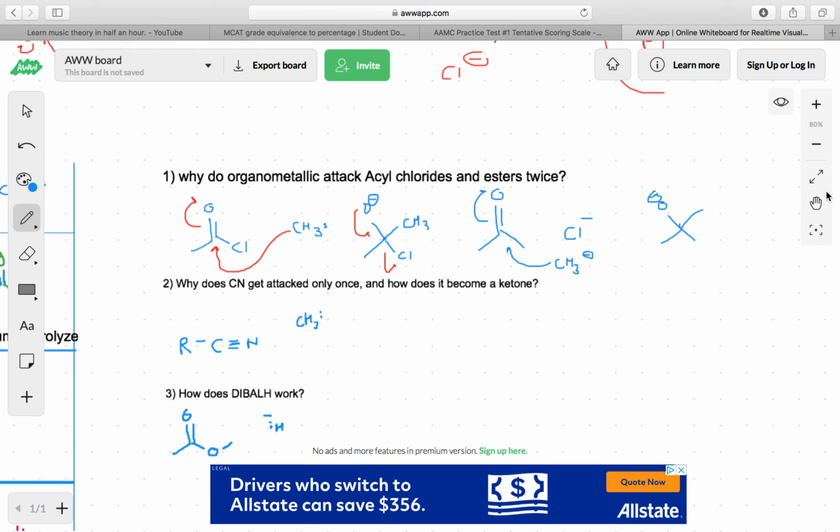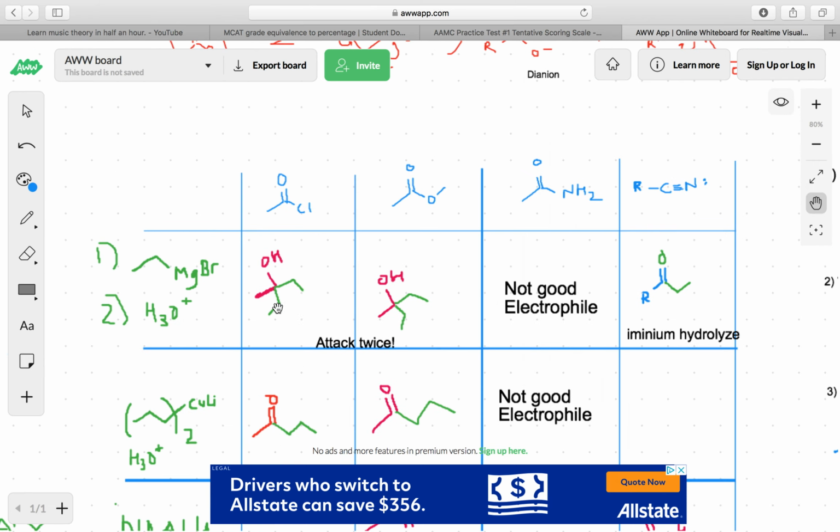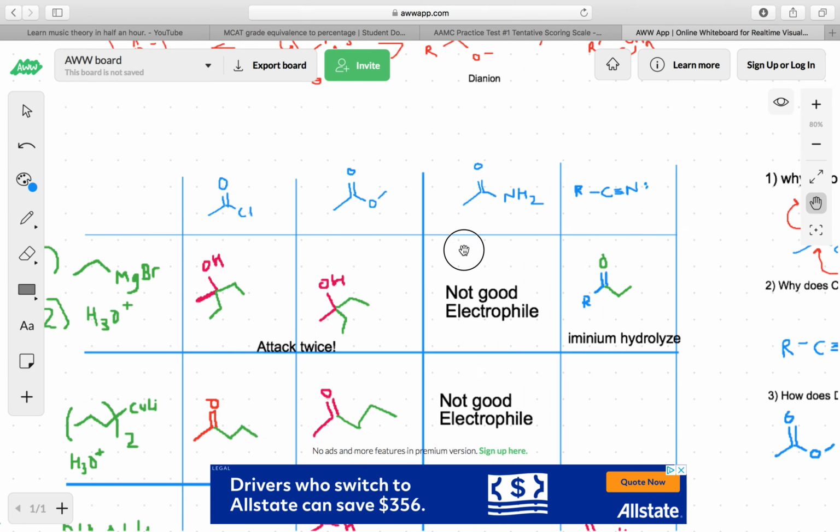We only kick off weak bases, right? So it has to stay like this, and it just has to grab a proton. So you're going to form a tertiary alcohol. So that's what happens with acyl chlorides and esters. They can add and eliminate the first time, which is why your Grignards can attack it twice. That's why there's 2 green ethyls on each one, because the Grignard from here attacked both of these twice.